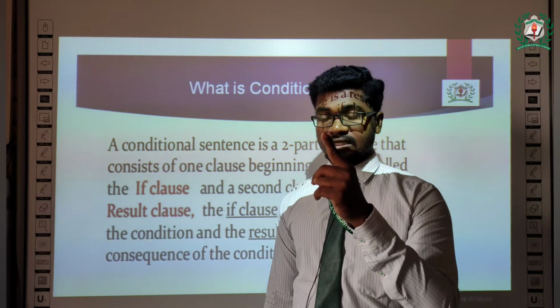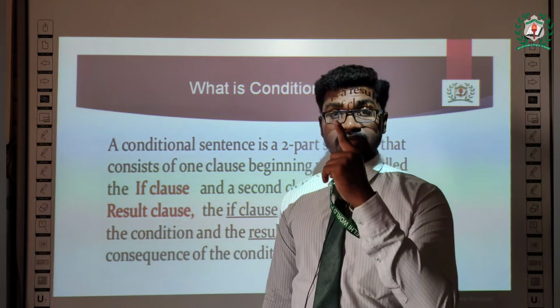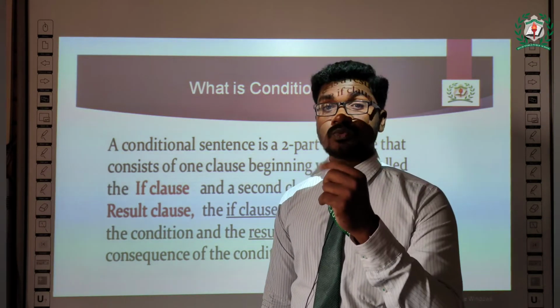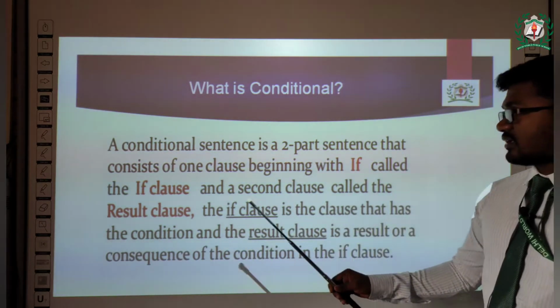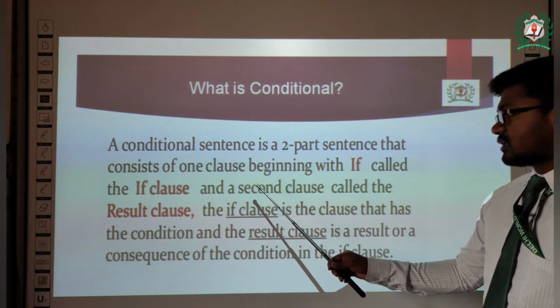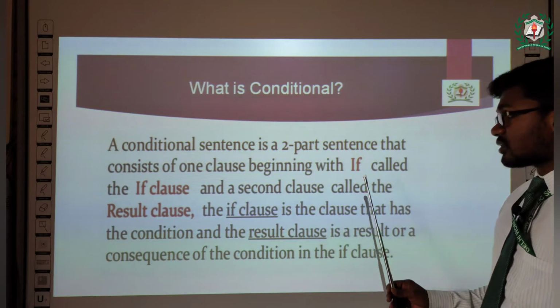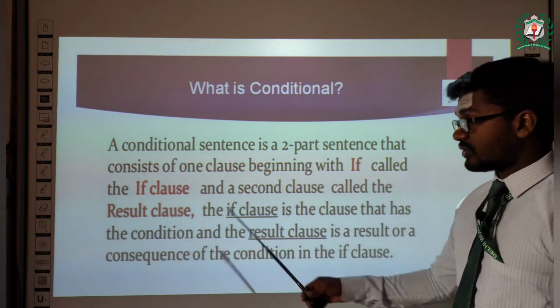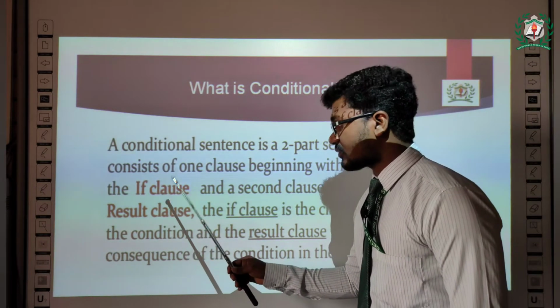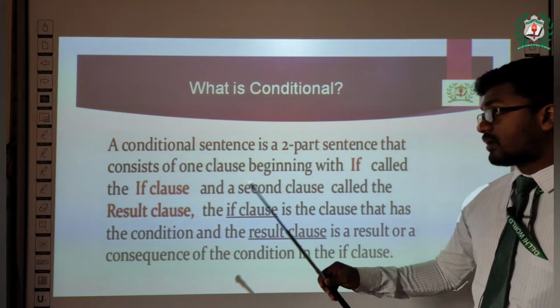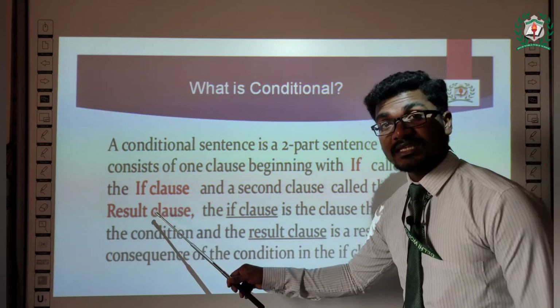Two parts means two clauses are there. So one clause begins with if, the if clause, and a second clause called the result clause. So the first clause is the if clause and the second part of the sentence is said to be the result clause.